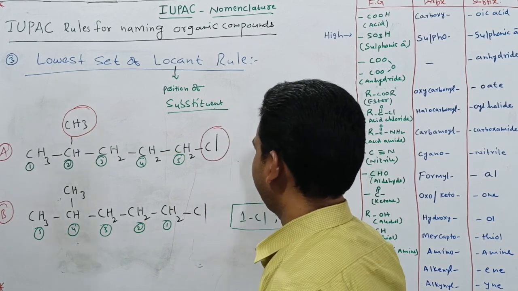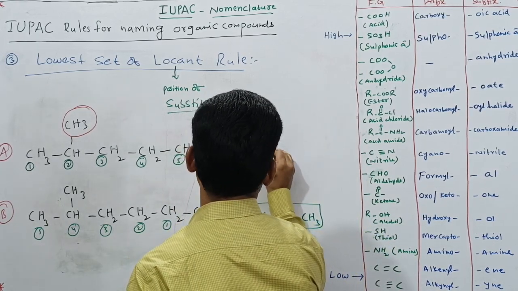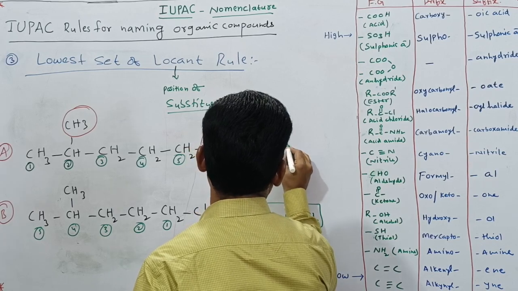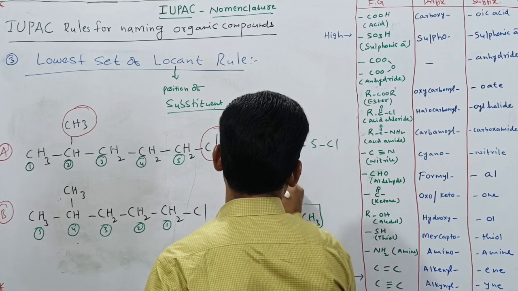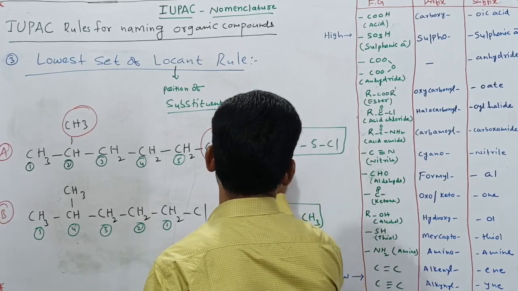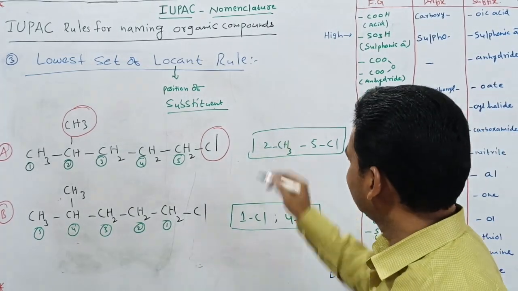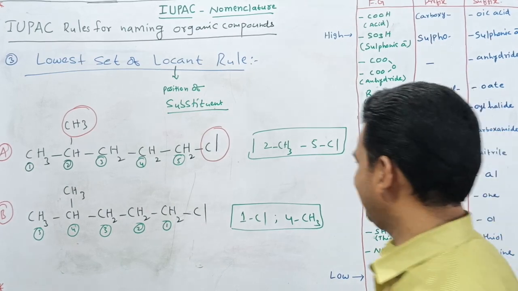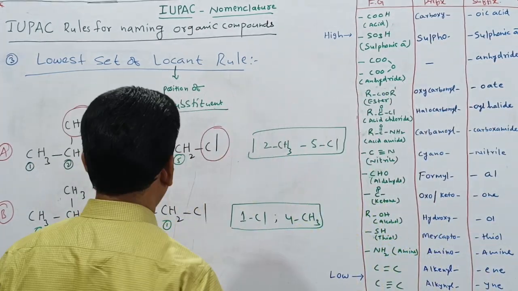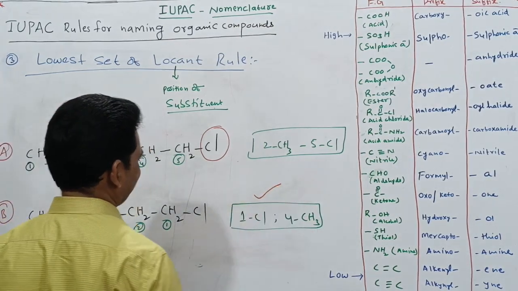In the other case, at the second position, methyl is there, and at the fifth position, chloro is there. Which one is right? I will say this one is correct.